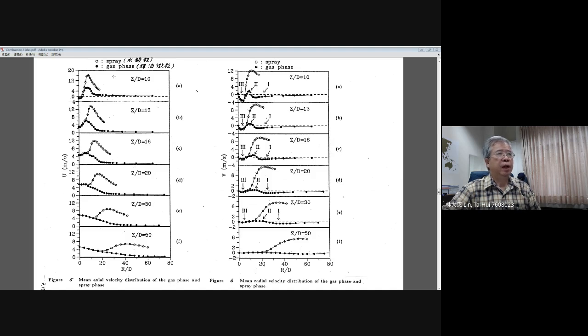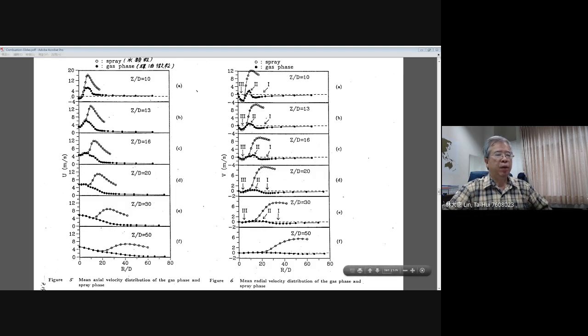Basically, the top figure represents the region closer to the tip of your injector, and moving to the lower figures represents the cross sections in the downstream region. The left hand side represents the axial velocity distribution. The right hand side represents the radial velocity distributions.